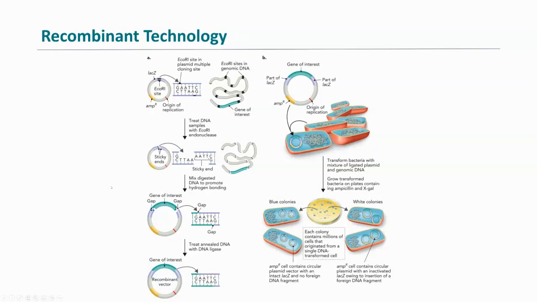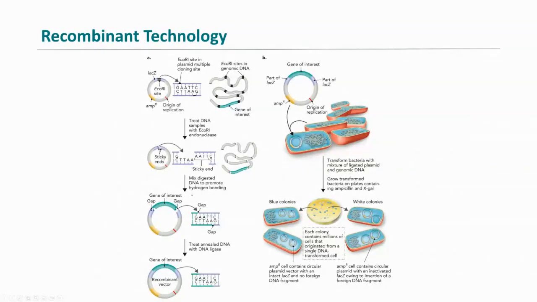So for recombinant DNA technology, basically you take the vector, which has a multiple cloning site, and you cut this multiple cloning site and put a piece of DNA into it. In this process, we also break the lacZ gene, so that it would no longer produce the lacZ beta-galactosidase, so that in the presence of X-gal, the colony will be white.